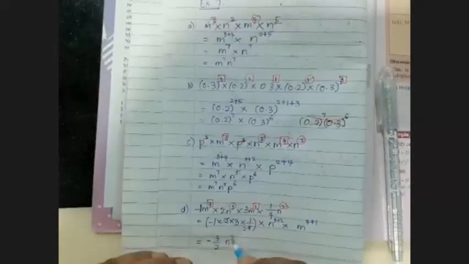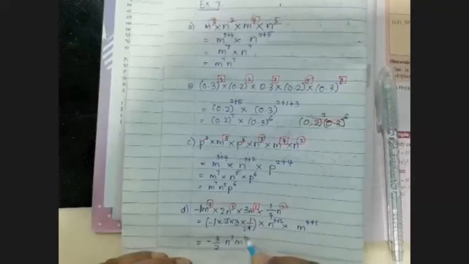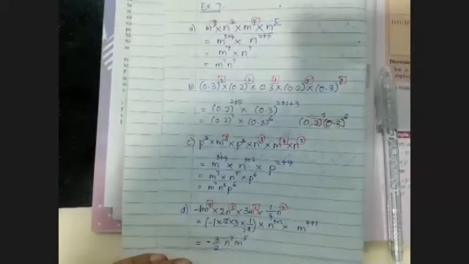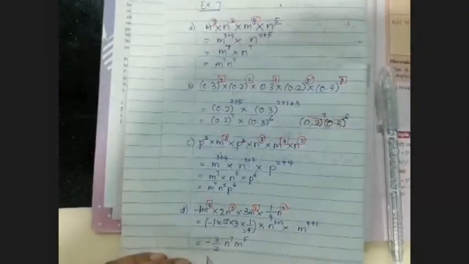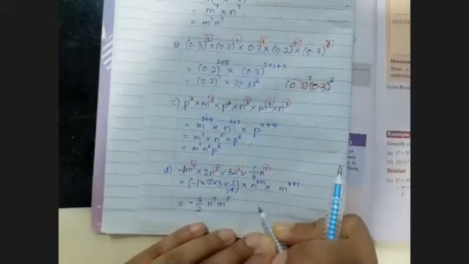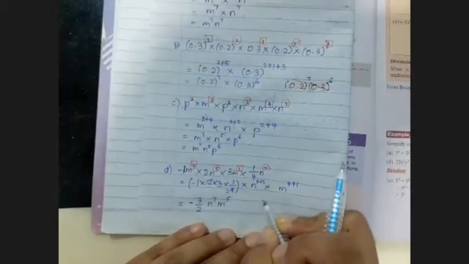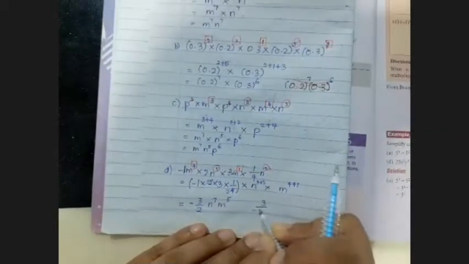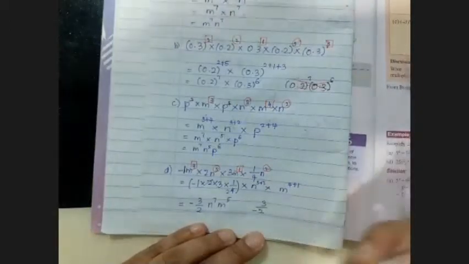N power of 7, M power of 5. Okay, class. To write negative number, okay, for fraction, you cannot write the negative symbol at the denominator like this. This is wrong.